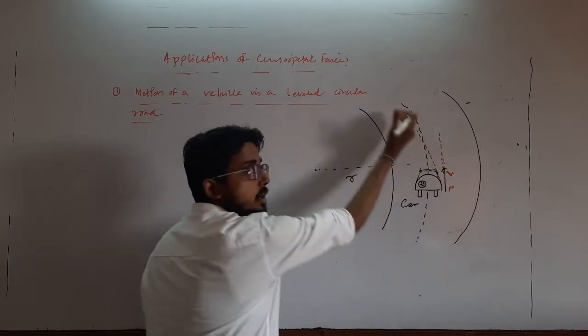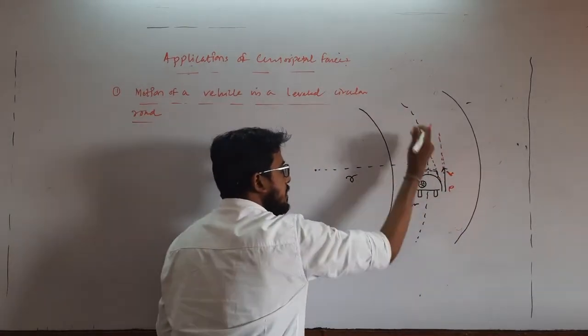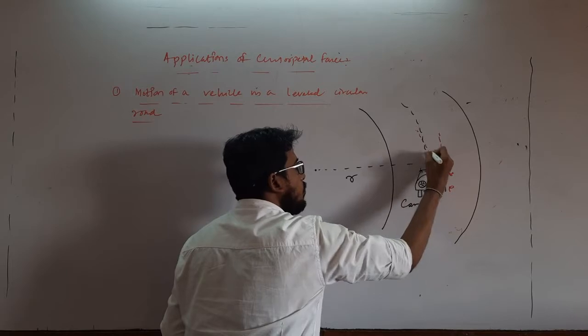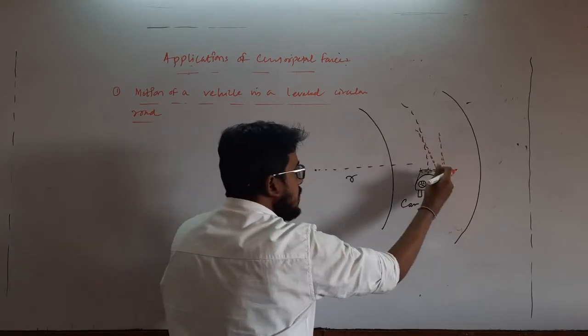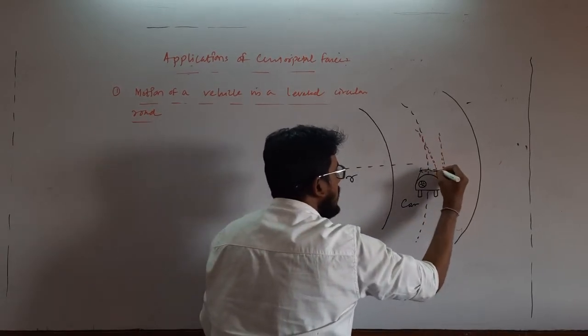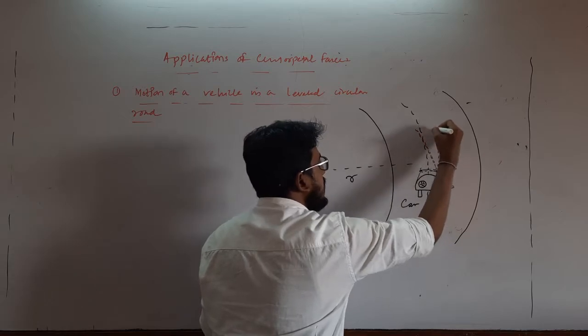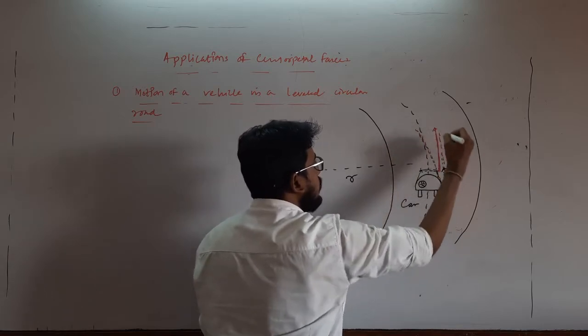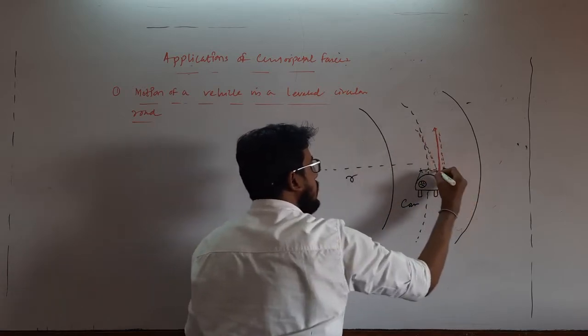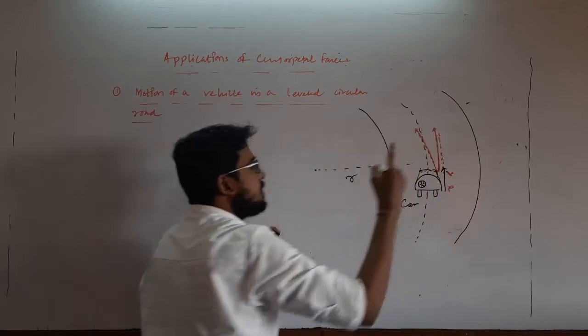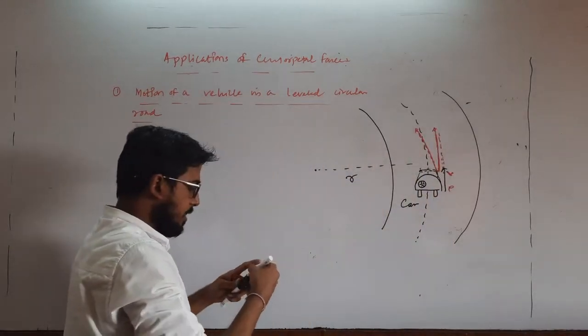But due to the turning of this road or track, the car will go along this direction, but its intention of motion will be along the initial speed, that is along this direction. So what is the intention of motion of the vehicle?